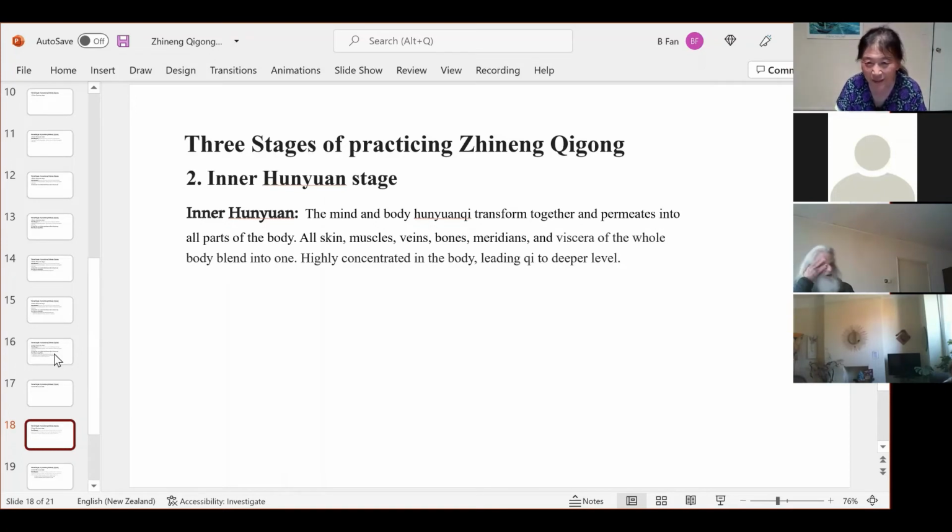And that way, the Qi can go deeper. So now we said inner can be deeper. How deep? Where is deeper? It can be very, very deep. You never get the deepest. Always deeper, and deeper is better.